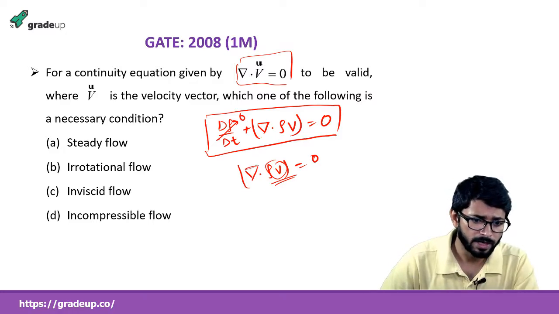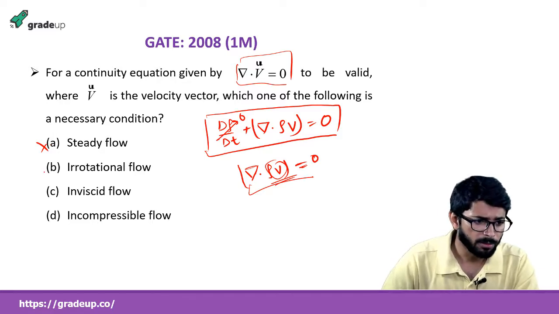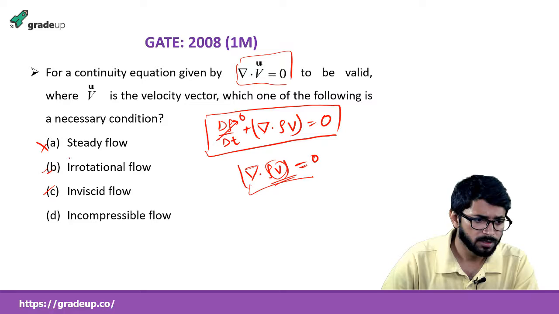So here del dot rho v is equal to 0. So no, we are not getting this equation. So it is not only for the steady flow. And it is not for irrotational flow. Inviscid flow is also not coming in the continuity equation.